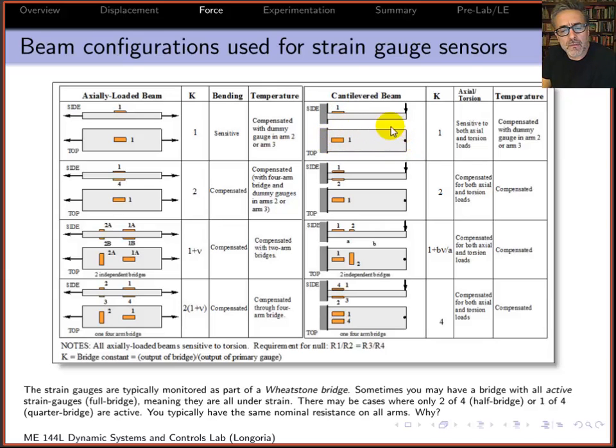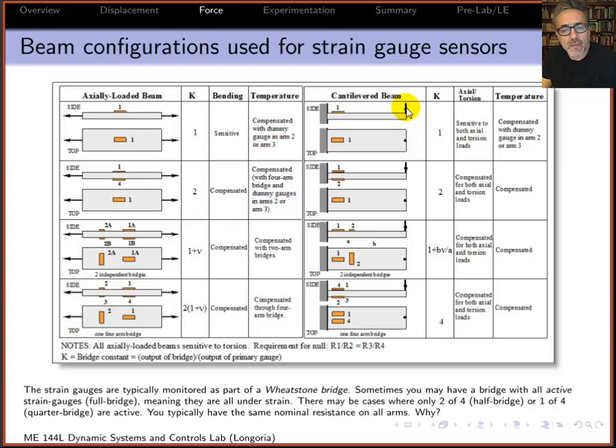The problem with this configuration is, and there might be cases where you might have to use this, this strain gauge would be sensitive to axial load. So if you had any kind of load on here in the axial direction, or if you were torquing and twisting this beam, that strain gauge would be sensitive to those loads.